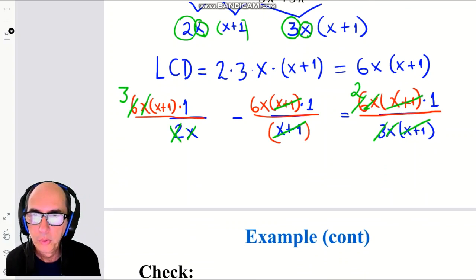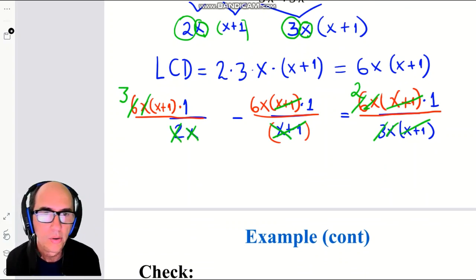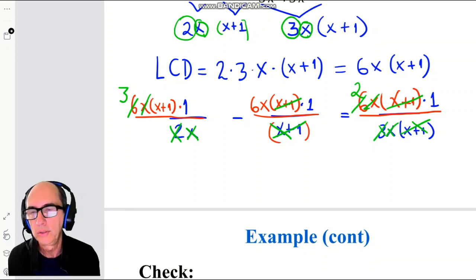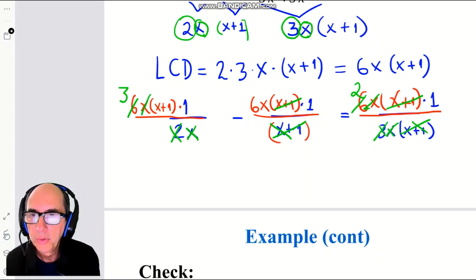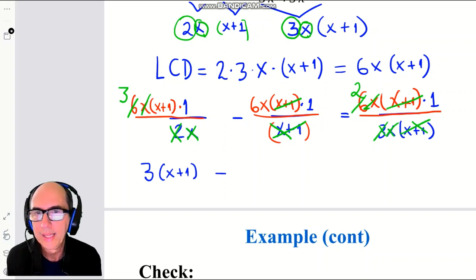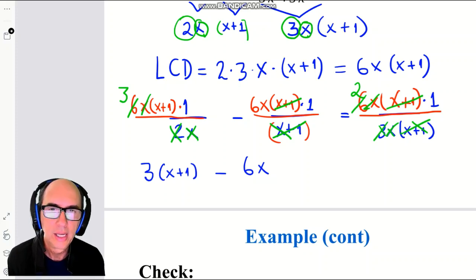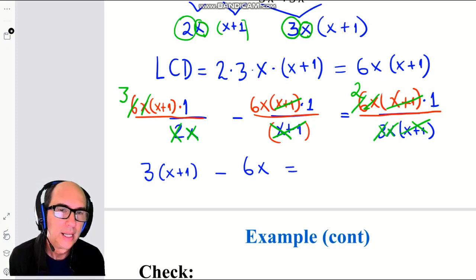After we cancel all the denominators, we will have only things on the numerator, and this is going to be 3 times x plus 1, times 6x, equals, and we still have this 2.